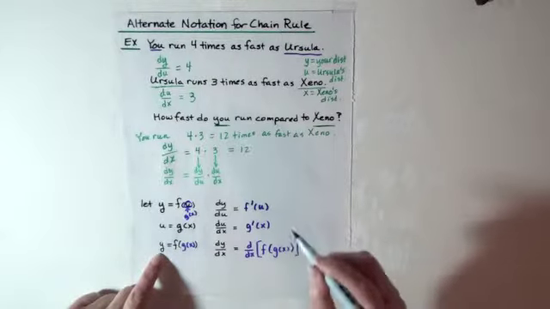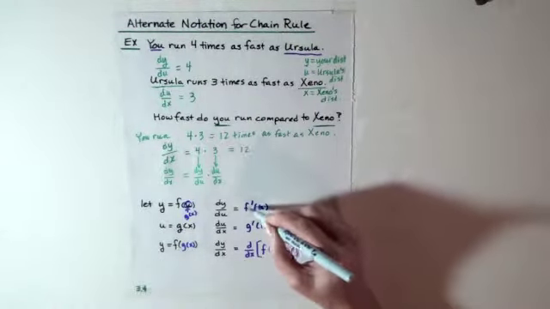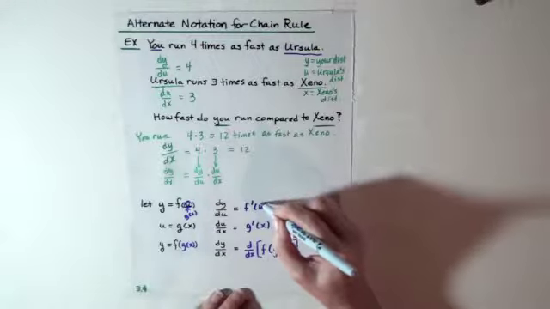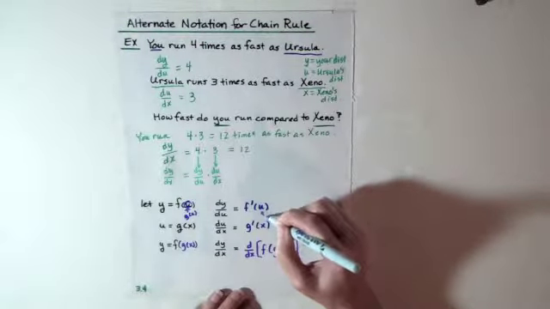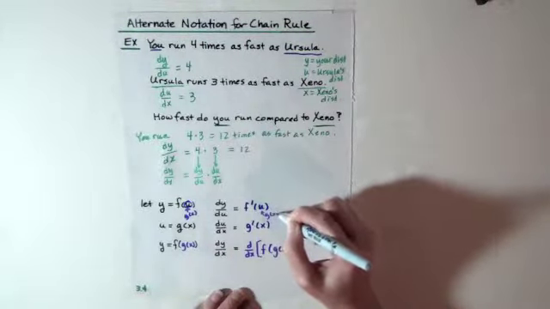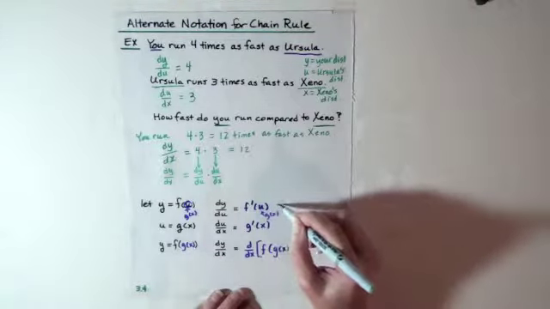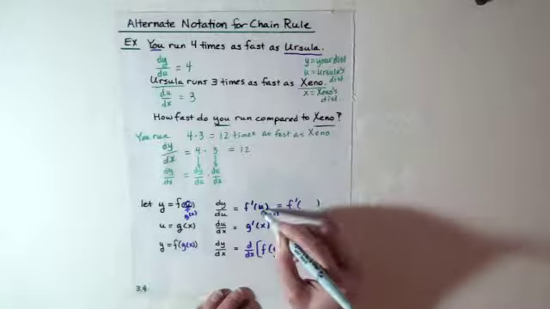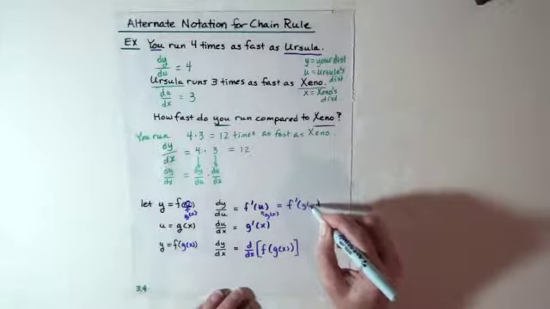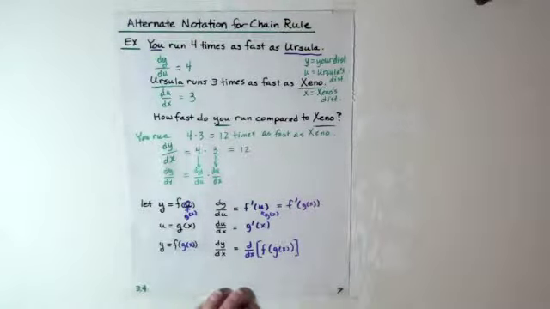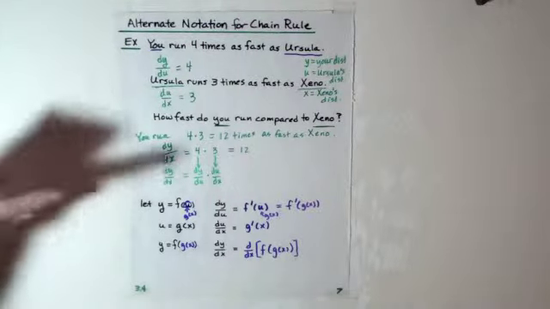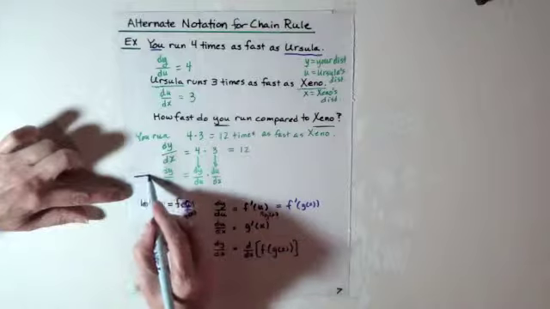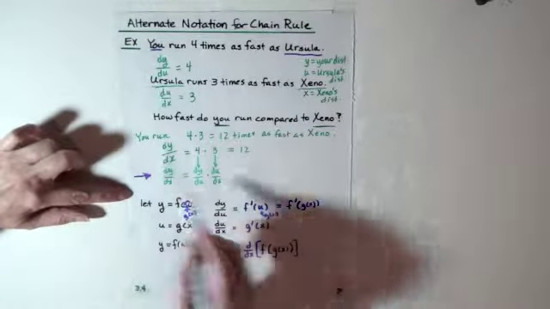There's one other little thing that I'm going to point out here. This f prime of u, remember that u is really just g of x. So this line could also be written as f prime, and instead of a u in here, I could just stick in a g of x. Well, why did I go through all of this? What I want us to do is go back up to this line, and I want to rewrite that whole line.